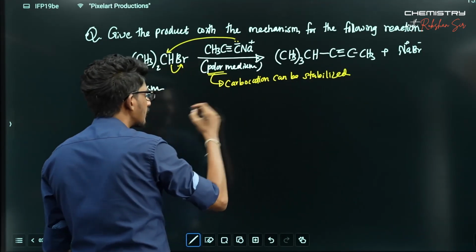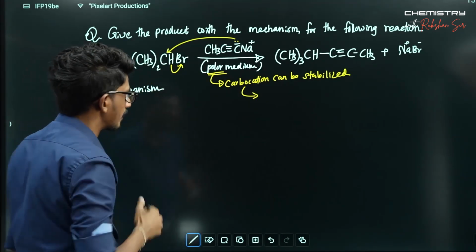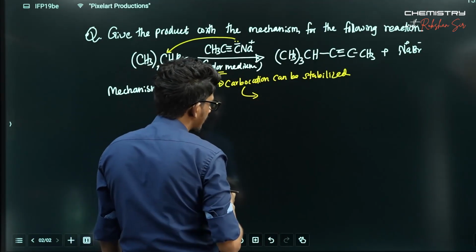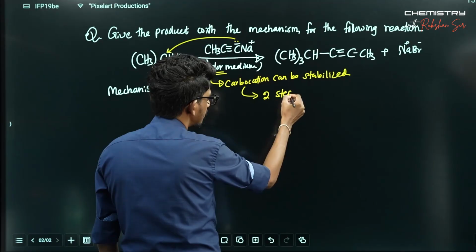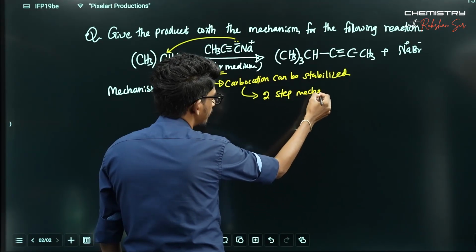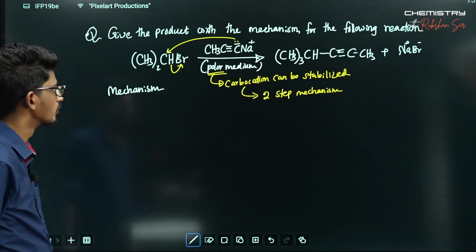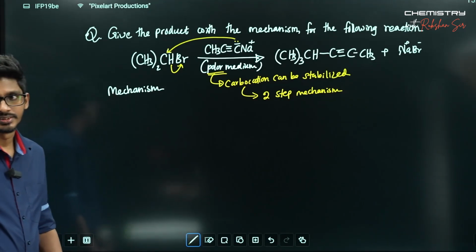That means you can go to a carbocation mechanism. That is a two-step mechanism. You should decide that. So, with the use of the two-step mechanism, we are supposed to write the mechanism here.